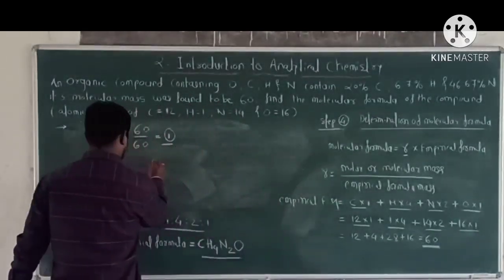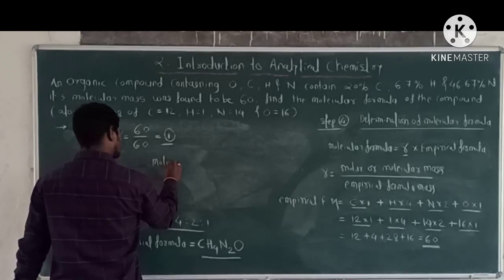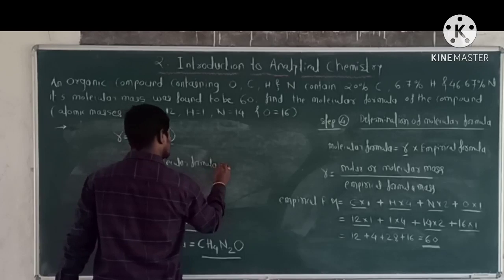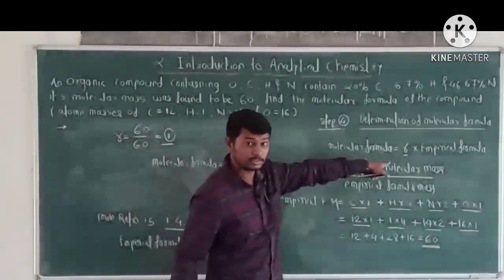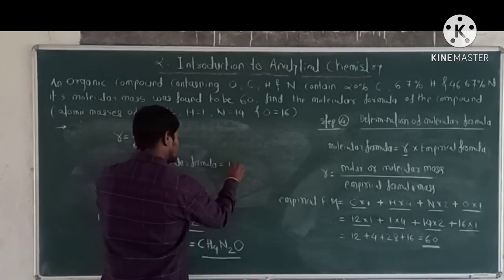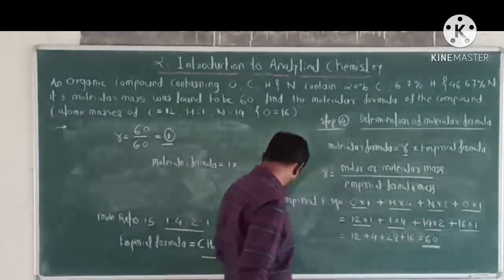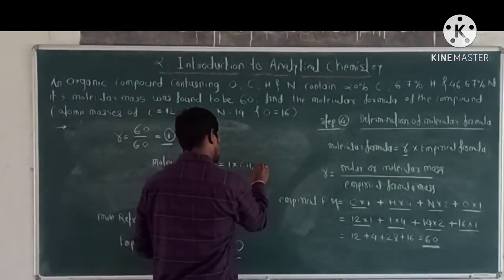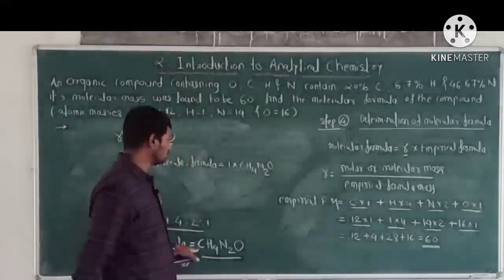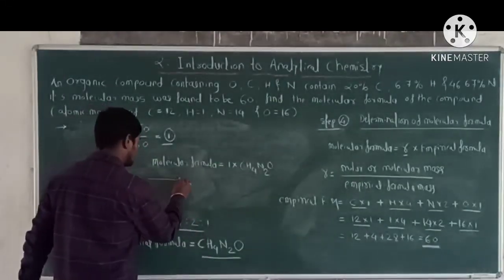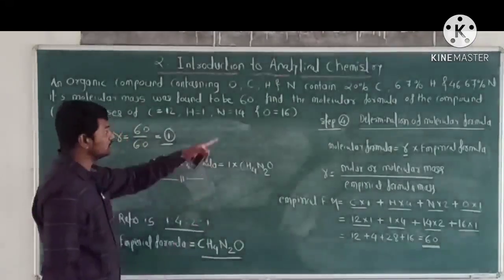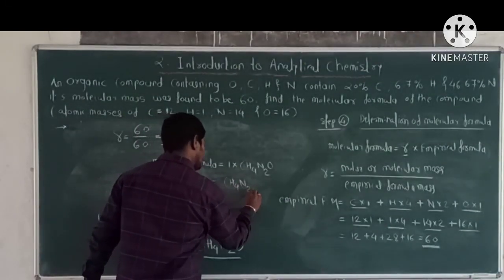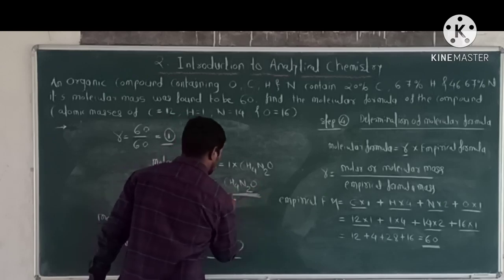The molecular formula is R, that is 1, into the empirical formula CH4N2O. Solving this, we get the final answer, the molecular formula of this compound, that is CH4N2O. This is the final answer.